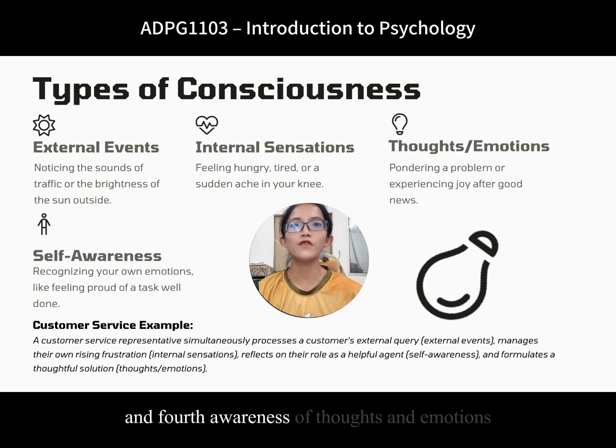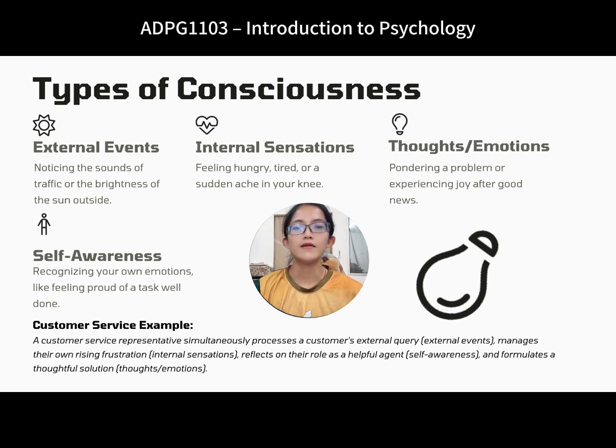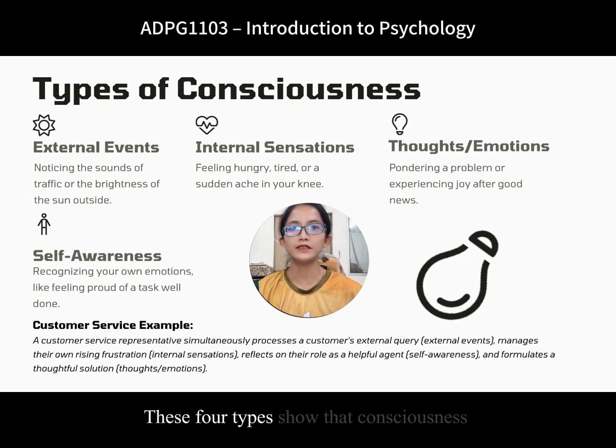And fourth, awareness of thought and emotion, like realizing you're feeling anxious, happy, or excited. These 4 types show that consciousness isn't just about the world around us, it also involves our inner world.